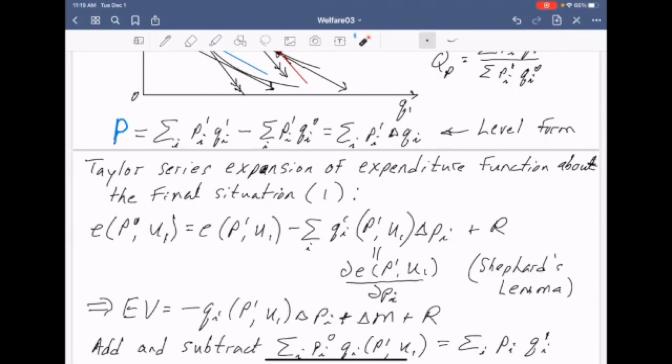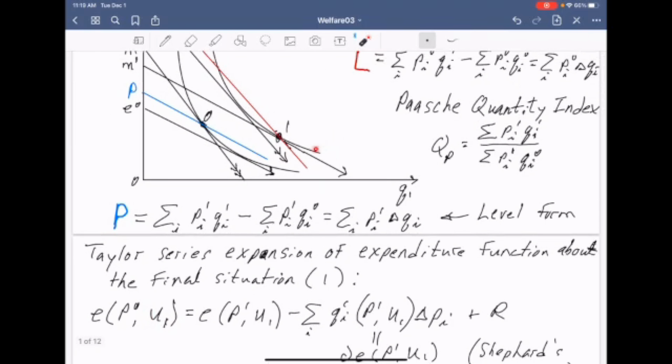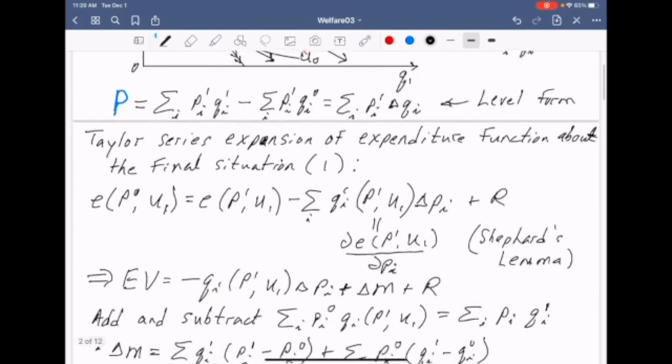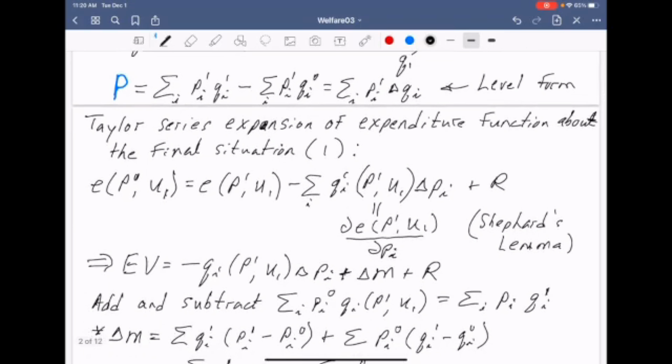So the expenditure function at original prices and future utility, which is this one here, which isn't labeled, this is U0 and U1 and U0. And what we want to do is take the Taylor series expansion about the future price, so about this future price as opposed to the original one.